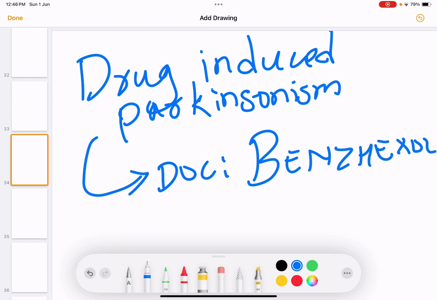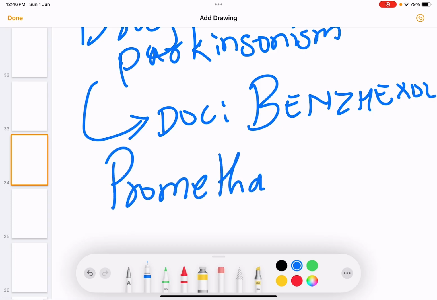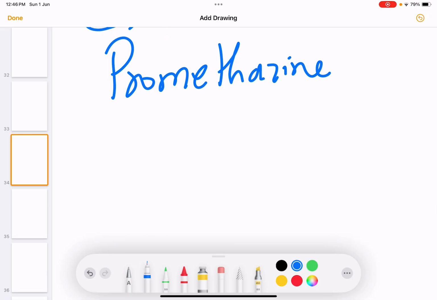Which drugs can cause drug-induced Parkinsonism? Antipsychotics and metoclopramide can cause it. The drug of choice is benzhexol. Promethazine can also be used. You can use an antihistaminic, that is promethazine, because it has some anticholinergic property also.